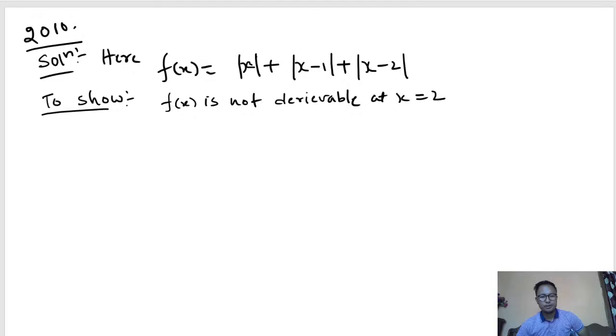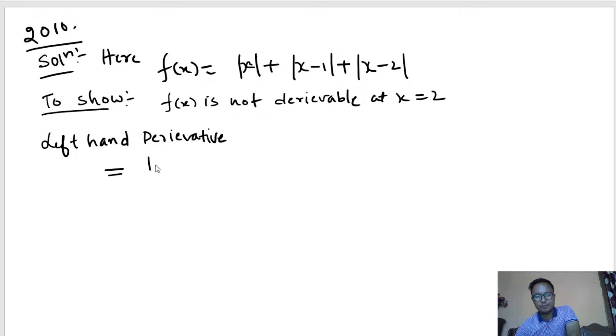Let's see. We will use the definitions: left hand derivative and right hand derivative. Okay, so here we will first take the left hand derivative. Left hand derivative is a limit where you check the point, at x equal to 2.